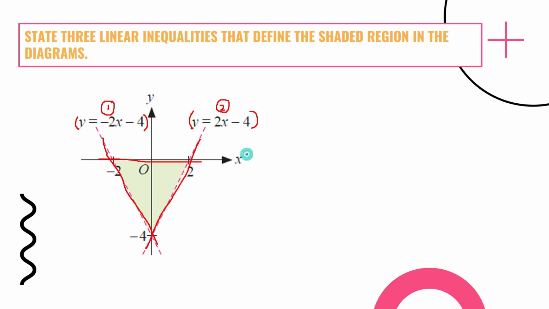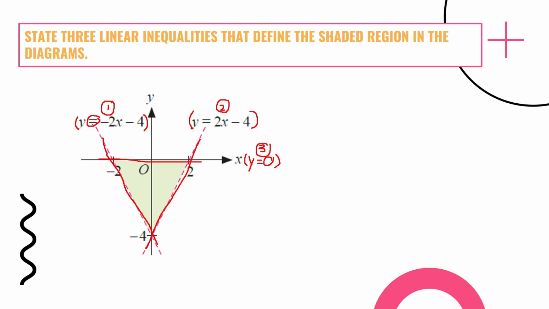So the third equation is y equal to 0. And then we need to convert these equations into linear inequalities by changing the equal sign into an inequality sign.